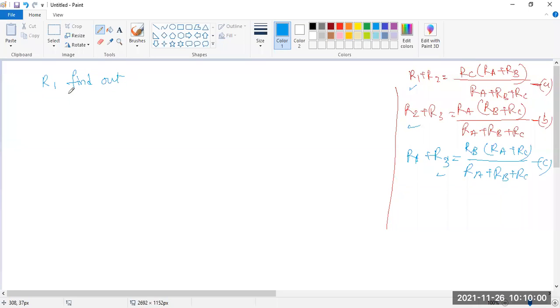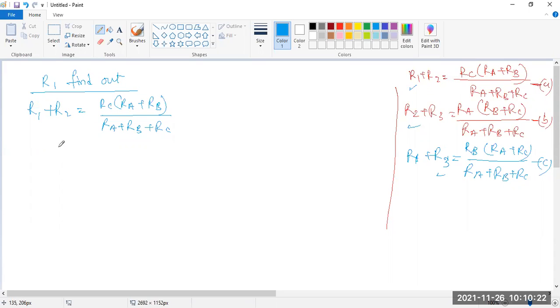Find out. How could I find out? Just write down R1 plus R2 equal to RA plus RB divided by RA plus RB plus RC. Okay.